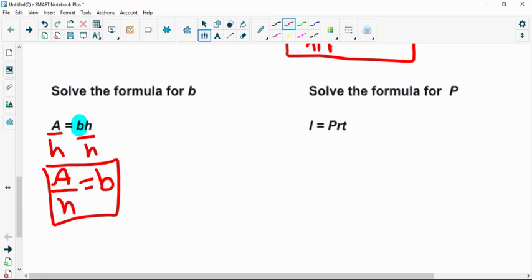Over on the right, I is equal to P times R times T. So if I want to get P by itself, I can divide by the other factors, R and T. So P is equal to I divided by RT.